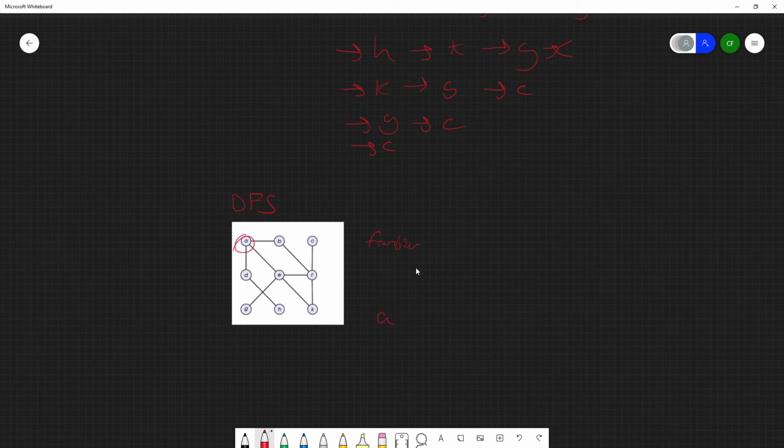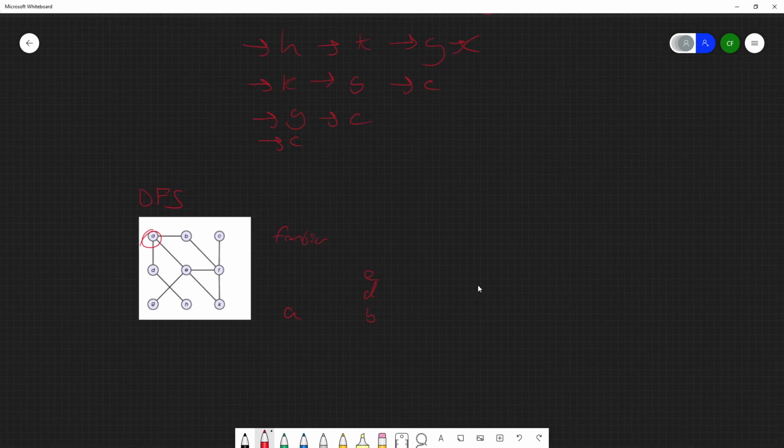We explore A. The next version of the frontier will have B, D, E, presuming that we explored them in alphabetical order, just by chance, non-determinism and all that. We'll explore E, because that's at the top of the stack. That's how this works. E will provide us with F and G. So we have B, D, F, G.